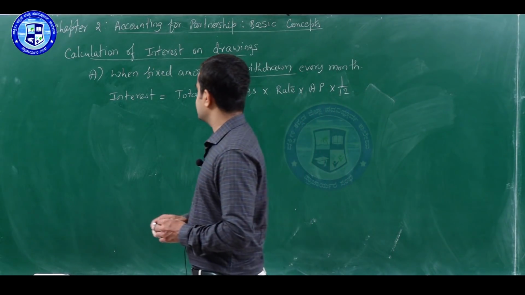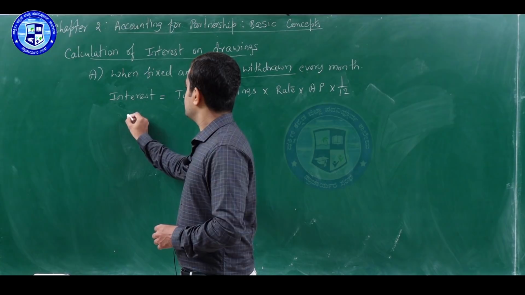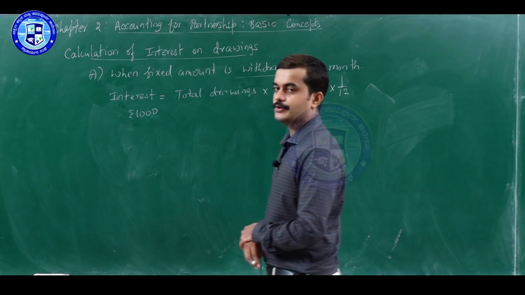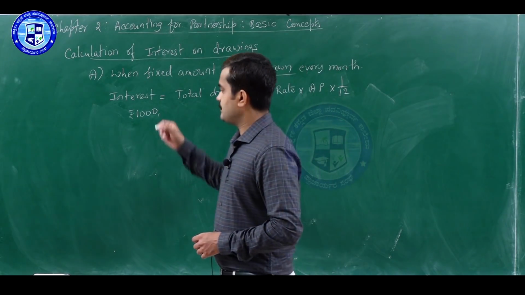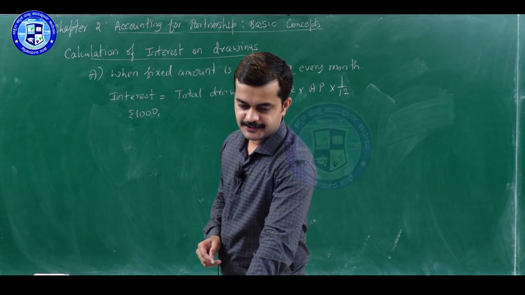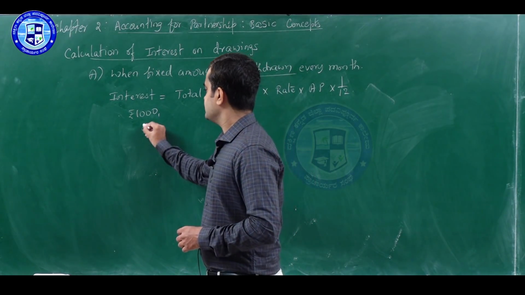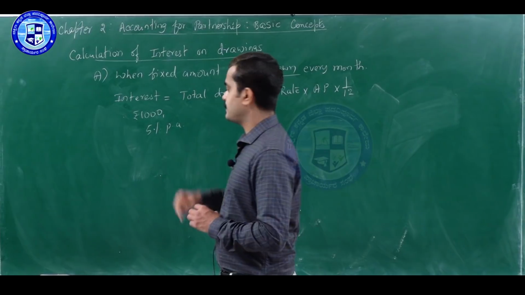So, considering that example, every month rupees 1000 was withdrawn. Maybe, for example, the rate of interest is 5% per annum.